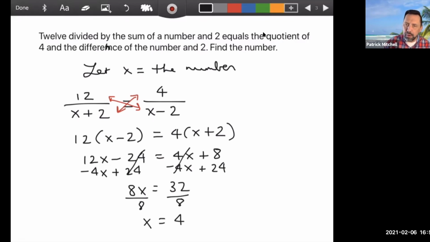In a who cares problem, your sentence with your answer is very short. It can just say the number is 4. Hopefully that doesn't seem too bad. Let's go back and see what else we've got.